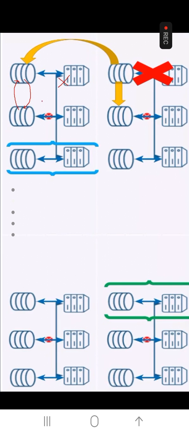So when another node refers to data from the failed node, that will also get corrupted. The whole system will go down, and it will impact the whole performance of the system.